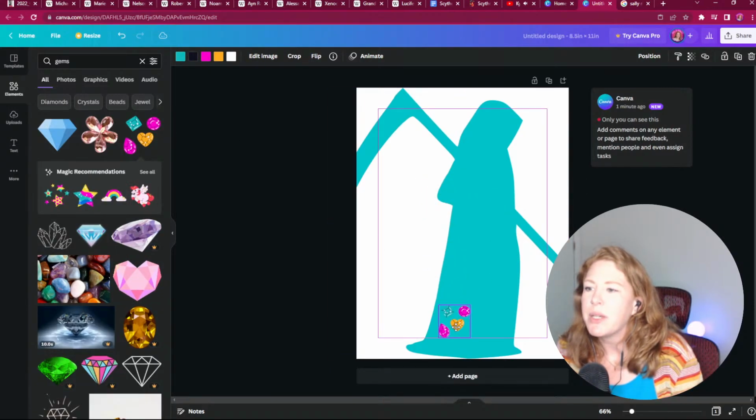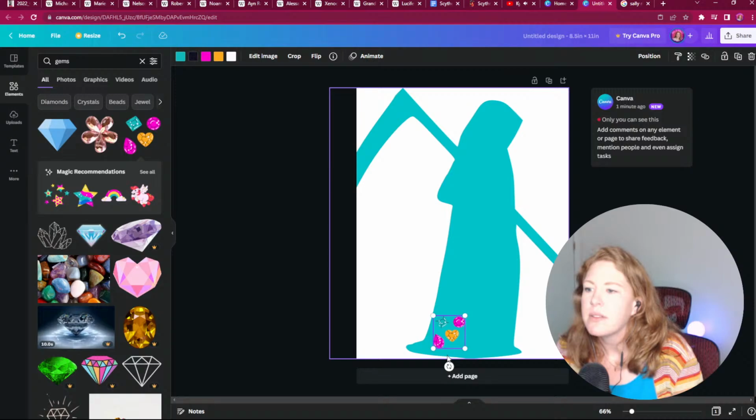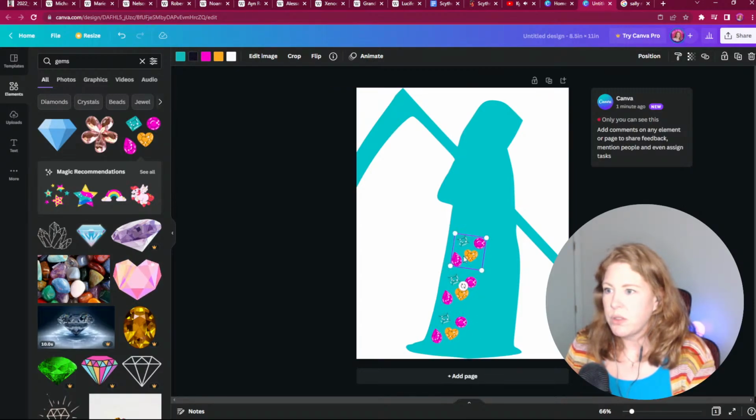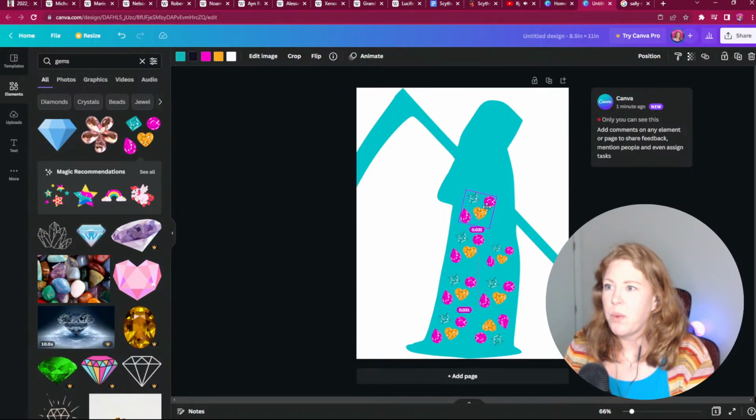Yeah, I want to do rainbow gems in my robe. Like Bejeweled, like that one little game on your phone. Perfect. Oh my gosh. Look at how great that looks. Oh my gosh, I'm winning on the conclave carpet.